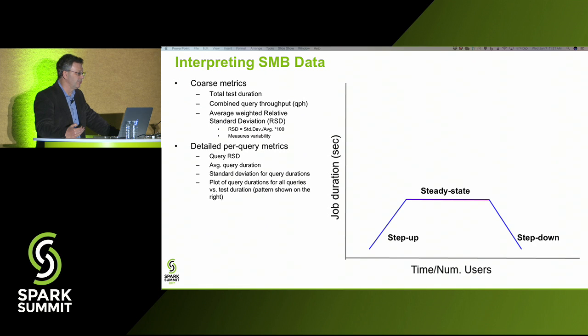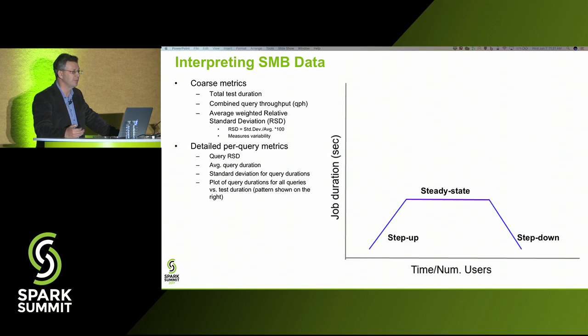So what we're doing here, we're computing combined throughput per hour, and then we're doing a weighted relative standard deviation. Because the queries are different, we're doing this relative standard deviation per each type of query, and then we're doing an average, right?